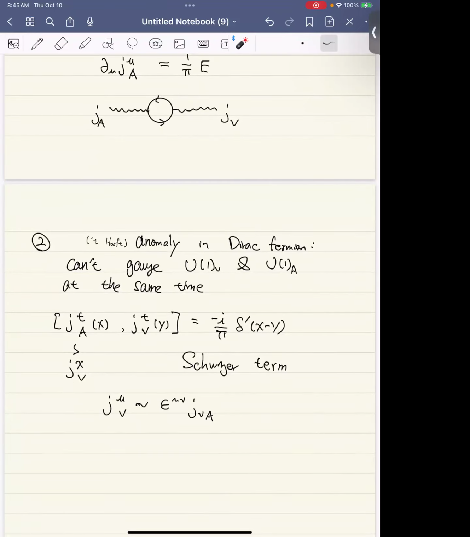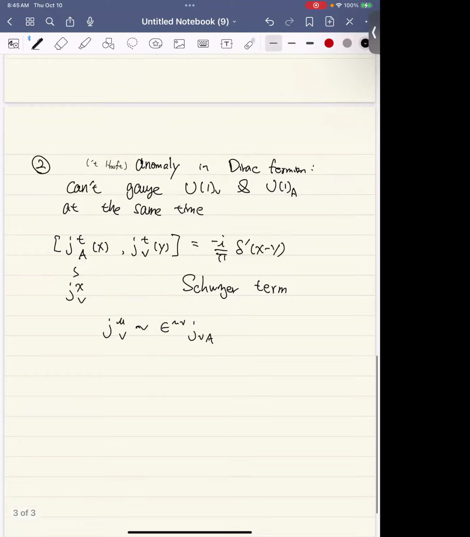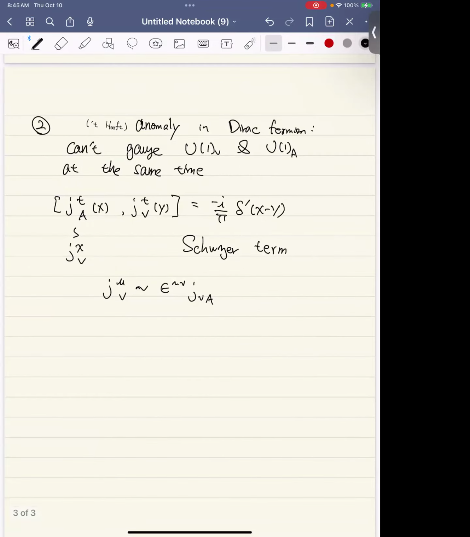Great. All right, so now I can ask my earlier question one more time. Can this anomaly be realized on a lattice?